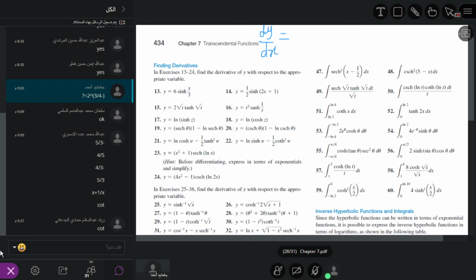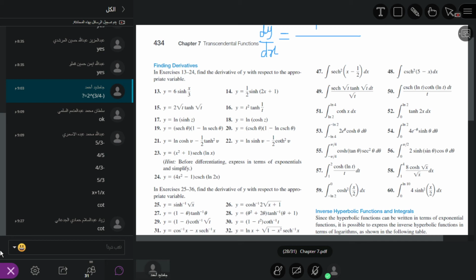Students, in the last class we studied that it is equal to 1 divided by square root of 1 plus x square. So in the place of x, we replace tan x.